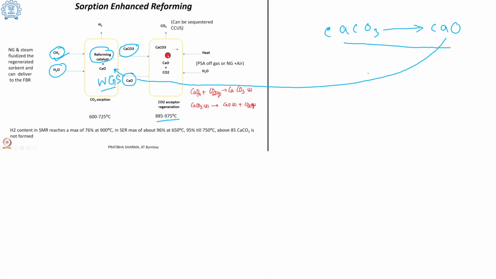Our main motive was to improve the kinetics so that hydrogen production will be high, so we added an adsorbent like CaO. This CaO absorbs carbon dioxide so the reactions will be faster, but the regeneration of CaO is very costly. It is not such a good process. These are some disadvantages of this process.